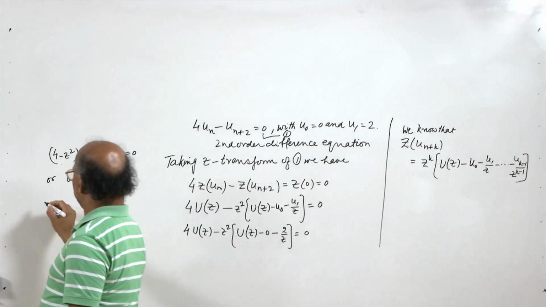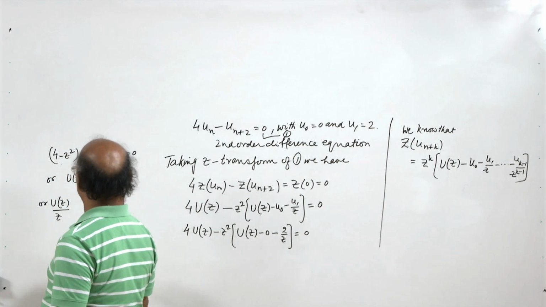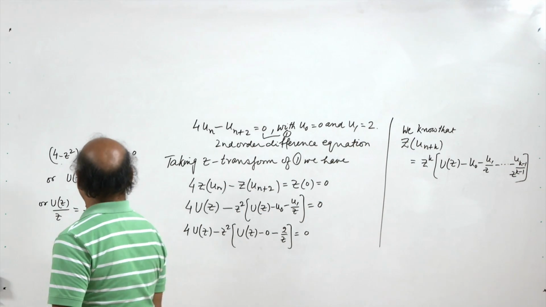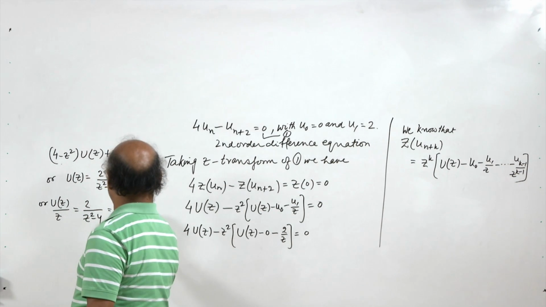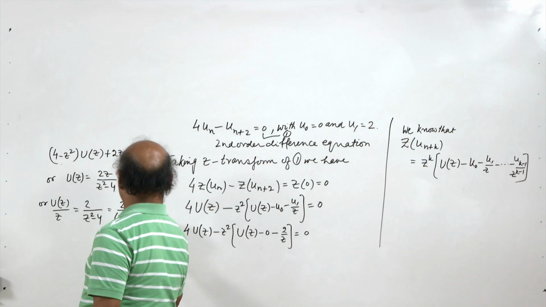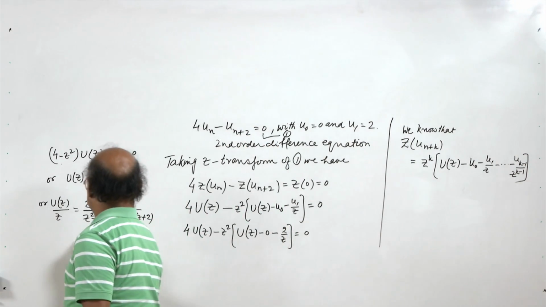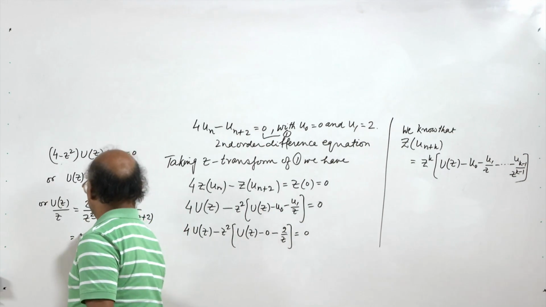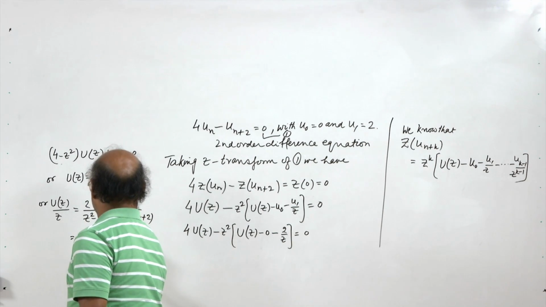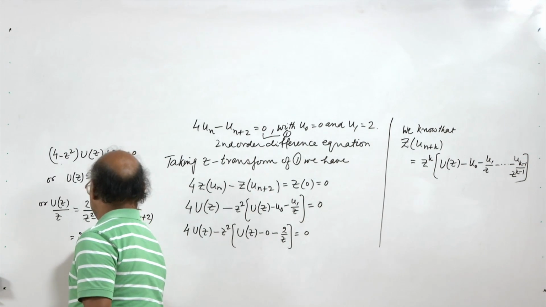Now, let us write Uz by z. We break Uz by z into partial fractions. So, 2 over z square minus 4, which is 2 over z minus 2 into z plus 2. The partial fractions of this expression are 2 times 1 over z minus 2 minus 1 over z plus 2, divided by 4.